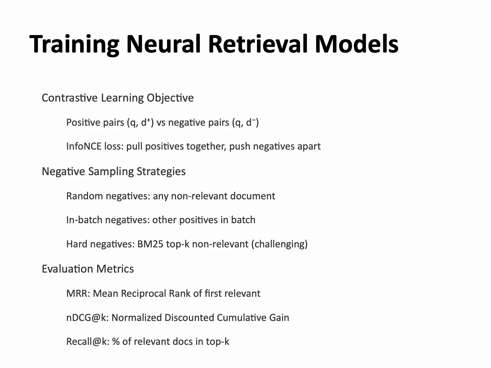Training uses contrastive learning. Pull relevant pairs together, push irrelevant pairs apart. The key is choosing negatives. Random negatives are too easy. In-batch negatives use other documents in your training batch, which is efficient and harder to distinguish.